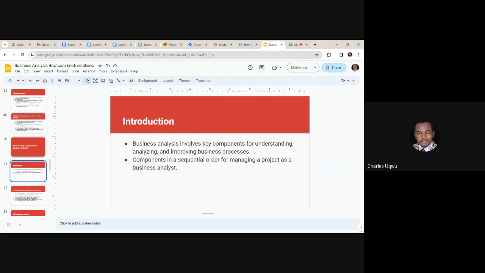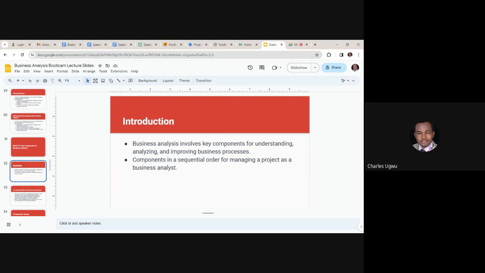So business analysis has so many components. You will have a sequential order of activities, things you need to do as a business analyst when you're approaching a project. There is a list of things you need to do, one after the other, in order to get good results.